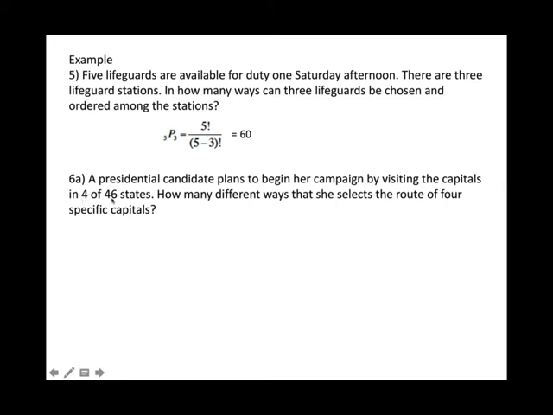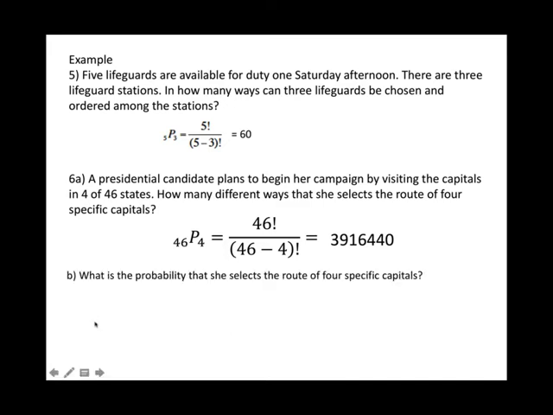So that will be 46P4. Just use your calculator, you could get this big number. Part B: what is the probability that she selects the route of 4 specific capitals? We are looking for the probability, so we'll be using the favorable outcomes over the total outcomes. We only have one route of the 4 specific capitals, so that will be 1 over the total outcomes. The total outcome is going to be here.